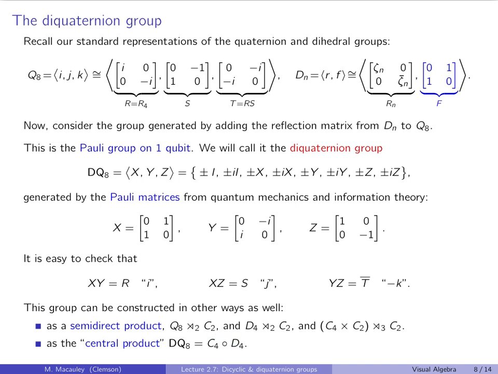Notice that this group has order 4, this one has order 8, and 8 times 4 is not 16, the size of this group, but 32. It's because a central product is like a direct product, but there's some overlap in these factors, namely they intersect in elements that commute with everything, hence the word central. I should say that this group is also a central product of C4 with Q8. I didn't write that down.